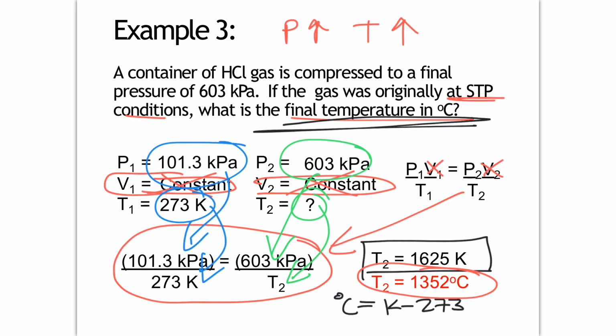It's going from 273 to 1352. So it is increasing. And is it increasing by about a factor of 5? Right, this may be a factor of 6, I'm sorry. So let's see here: 6 times 273 is about 1,500, 1,600. And that's what I got. So the magnitude and the direction look to be correct. So we have a self-check that we did it right.